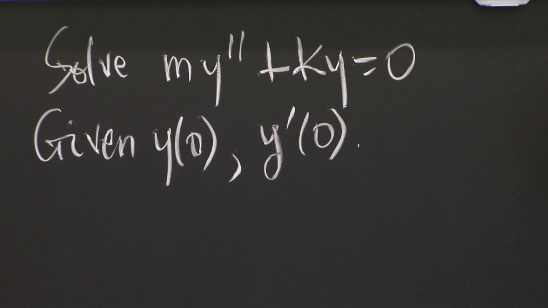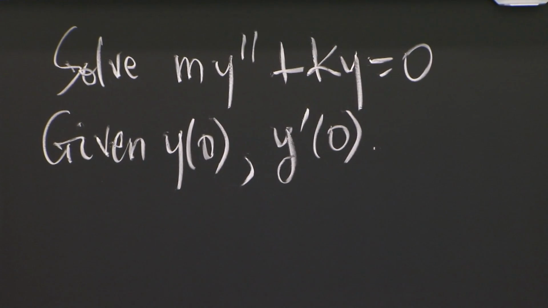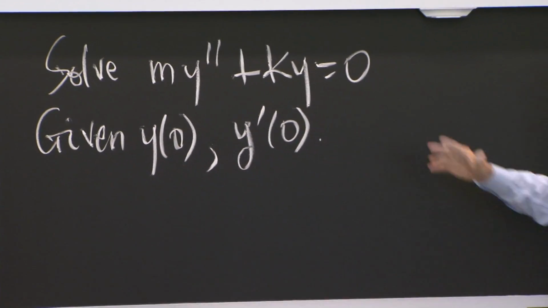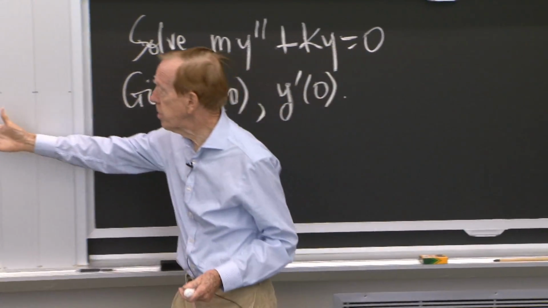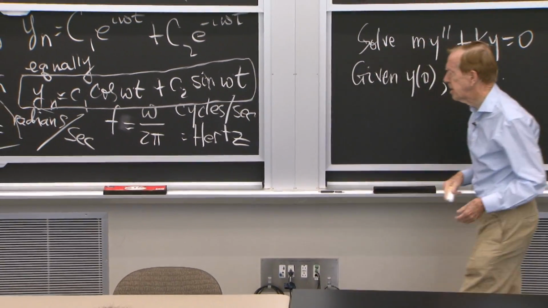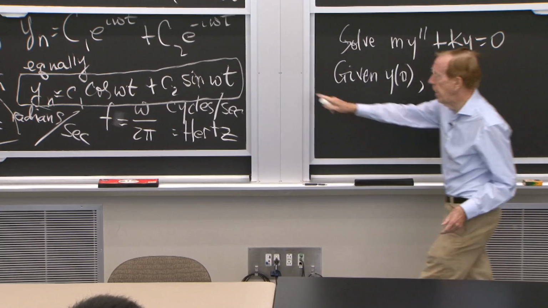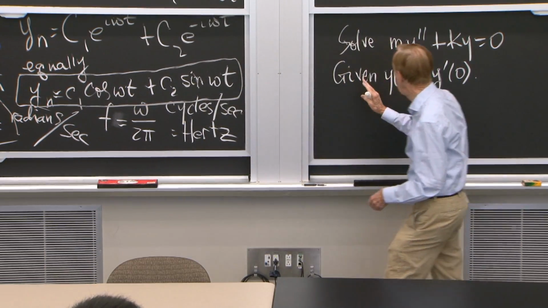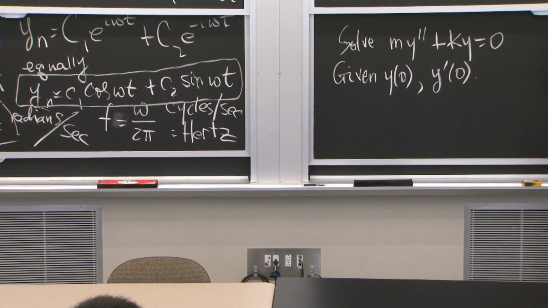Okay. Just think for a moment. Could you do that? This is the most basic second order equation. We know what the solutions look like. Let's do this one in a box, cosines and sines. We know what omega is. Omega had to be square root of k over m. Then the equation was solved.